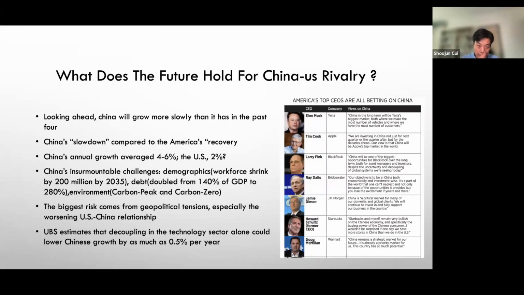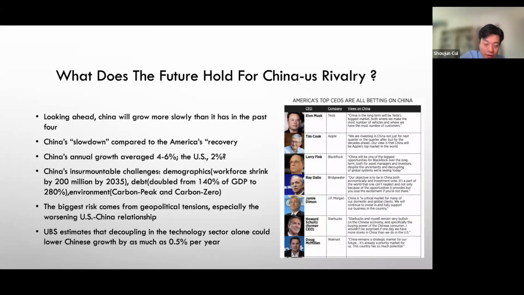However, the biggest risk comes from geopolitical tension, especially the worsening U.S.-China relations, such as the Taiwan issue and the South China Sea issue. Those waters, I think, have very high geopolitical risk.